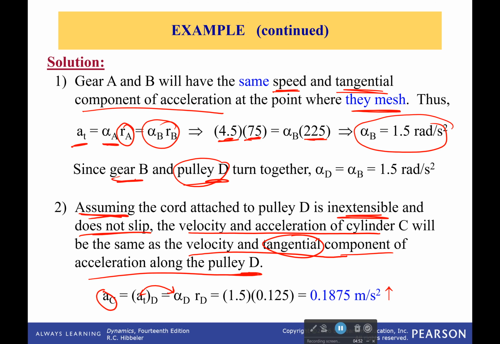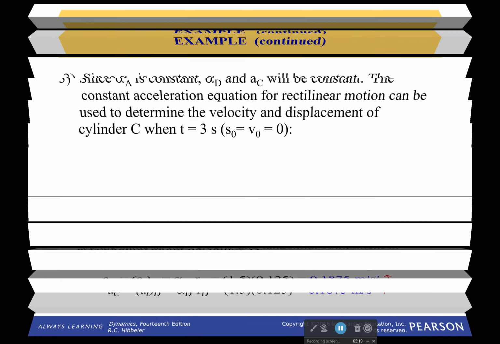The other one is in meters or feet per second squared, and that is going in a straight line. So we solve this and we see, okay, the acceleration of that cylinder C is going to be 0.1875 meters per second squared. And since our original angular acceleration is constant, the acceleration of B is going to be constant, which means the acceleration of D is going to be constant, which means the acceleration of C will be constant. Woo! So this will be a constant acceleration.